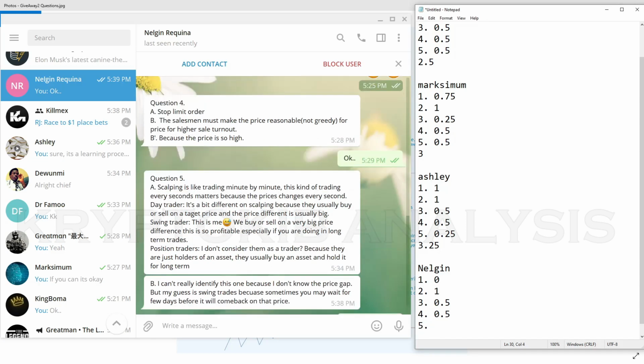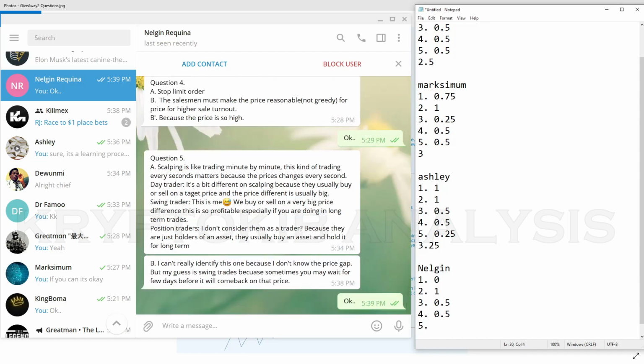Then question 5. Scalping is like trading minute by minute. That one alone is correct. It's a bit different on scalping because they usually buy or sell on a target price and the price difference is usually big. Swing trader, this is me. We buy or sell on a very big price difference. So this is so profitable, especially if you are doing long-term trades.